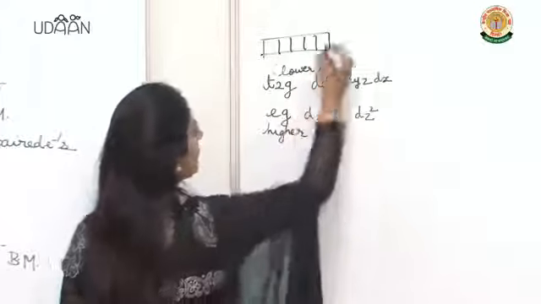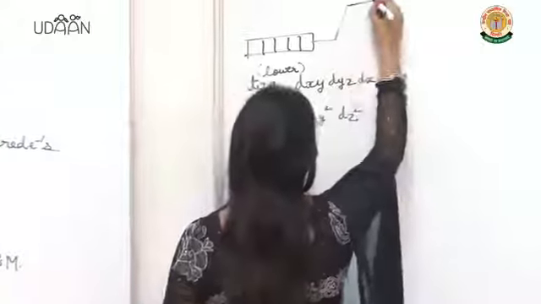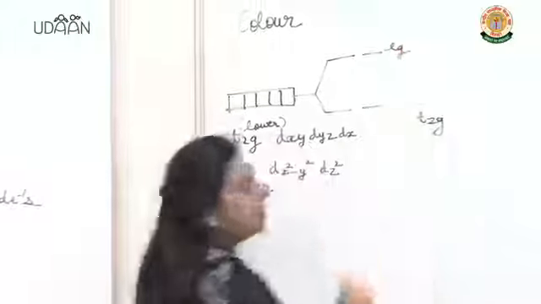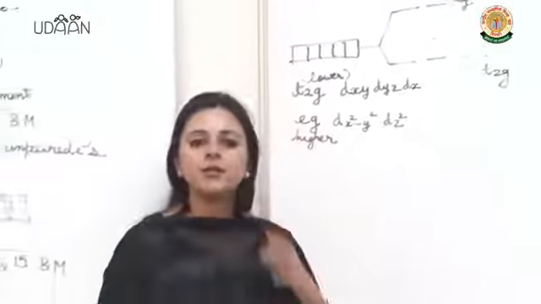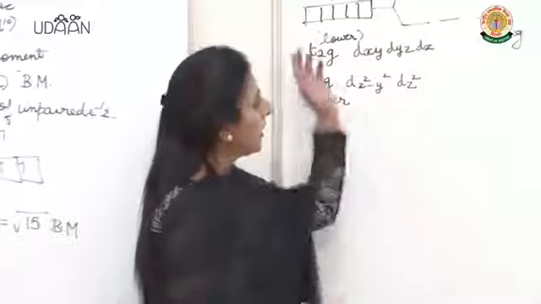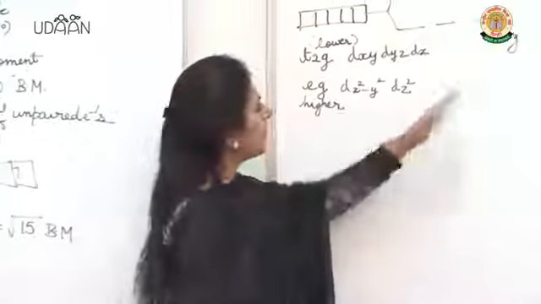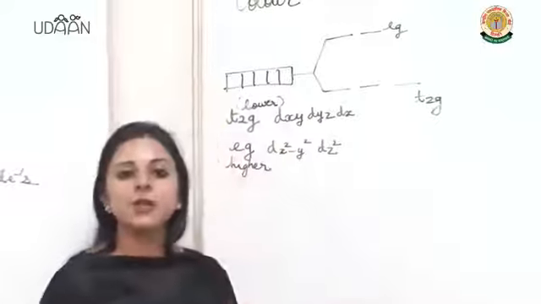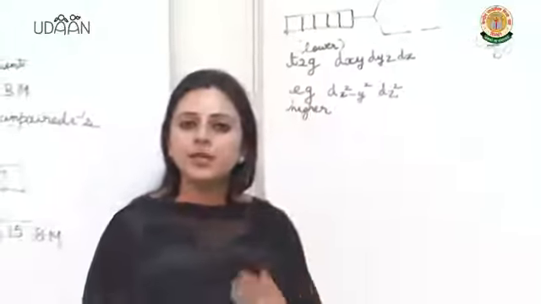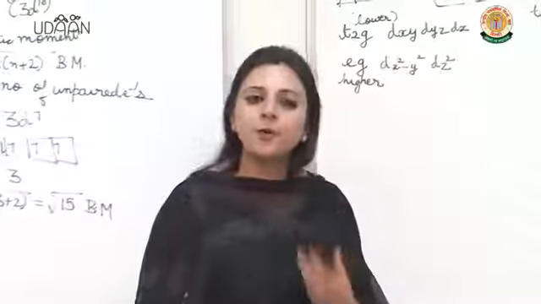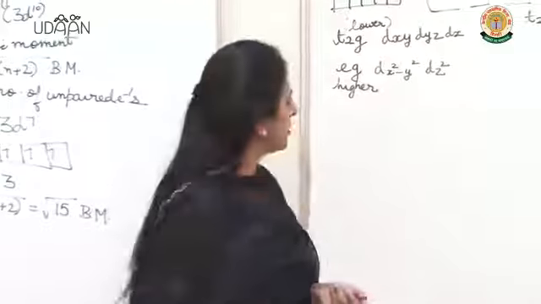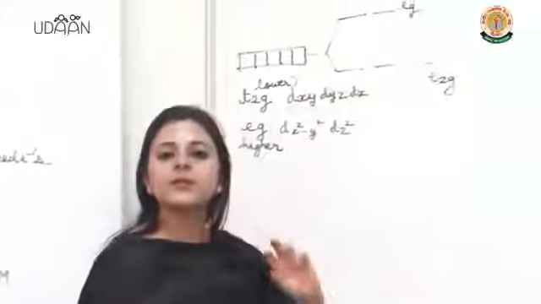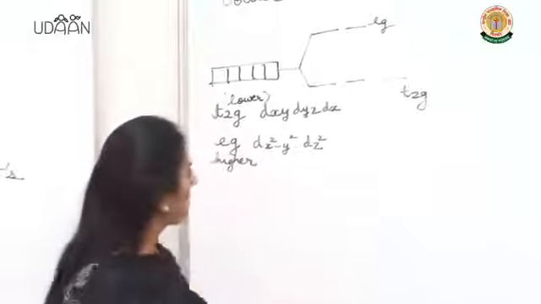So how does the splitting take place? Its splitting takes place like this, T2G and EG. Now when light falls on the surface of a transition element, excitation of an electron takes place from T2G to EG, and this transition is known as dd transition, which takes place from an orbital of lower energy to an orbital of higher energy, and this splitting is known as crystal field splitting.